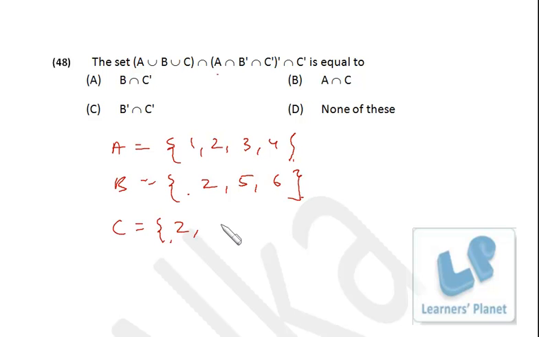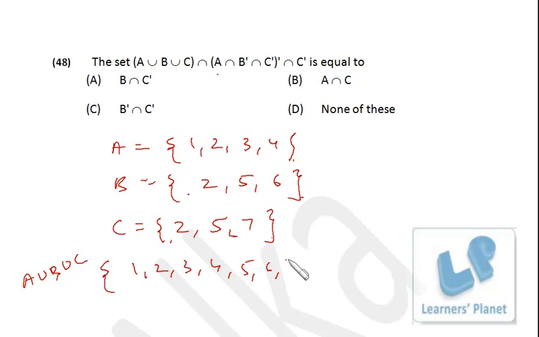And here we take 2, then 5, and then 7. So something is common among the three, something is common between each pair, and we'll be able to find this out easily. A union B union C is 1, 2, 3, 4, 5, 6, 7.